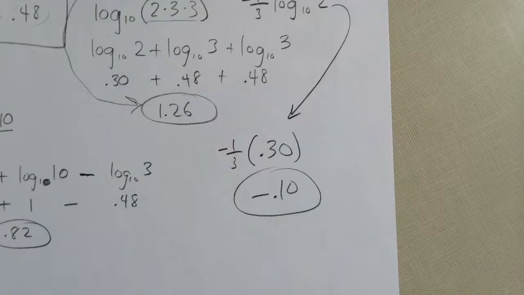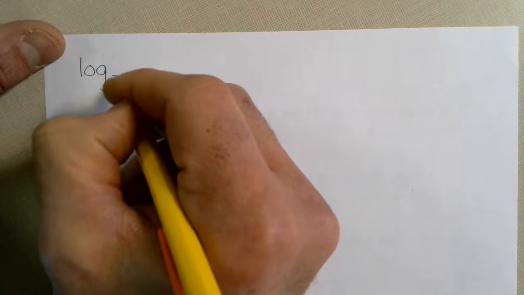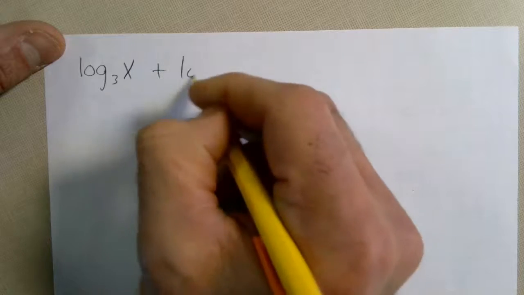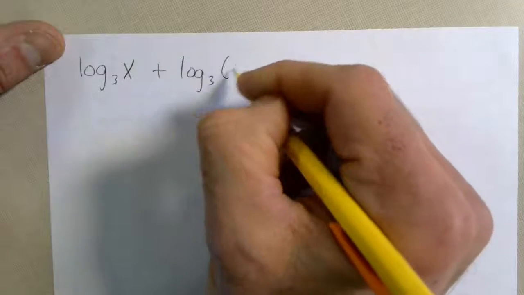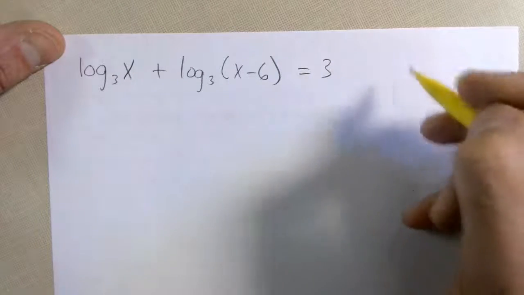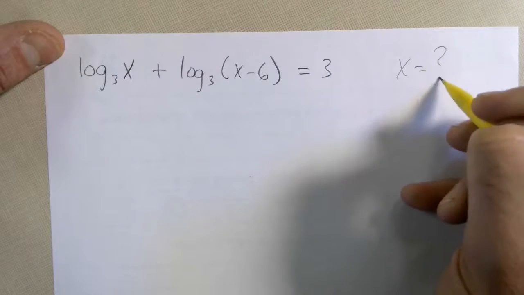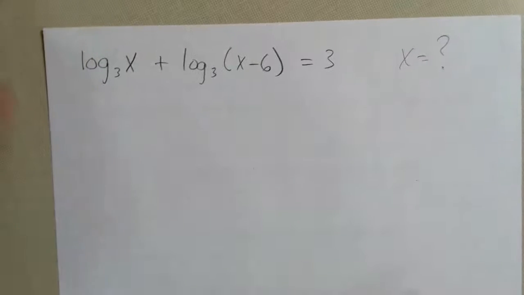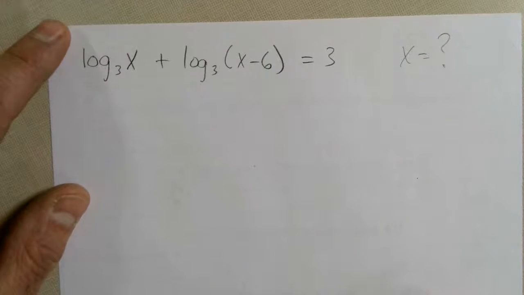Okay, now, how can we use this to solve an equation? Last example. I've said last example like 3 times, but this really is the last one. Suppose you've got log base 3 of x plus log base 3 of x minus 6 equals 3. Can we find x? Yes, we can. Here's how.